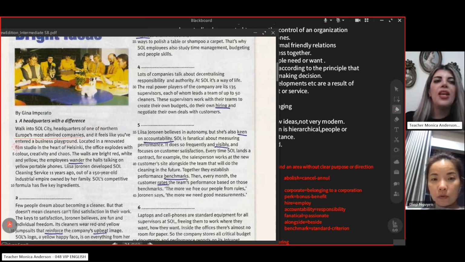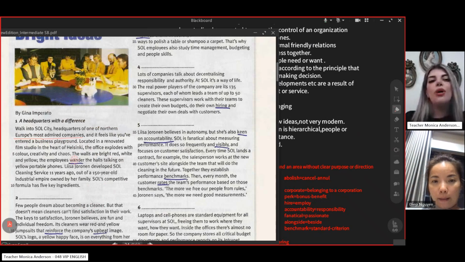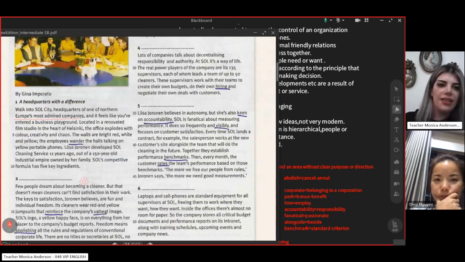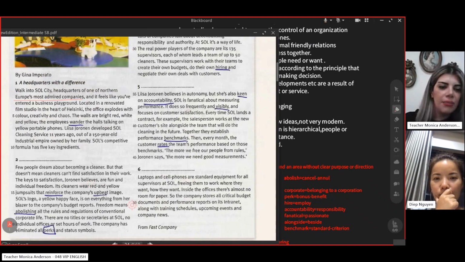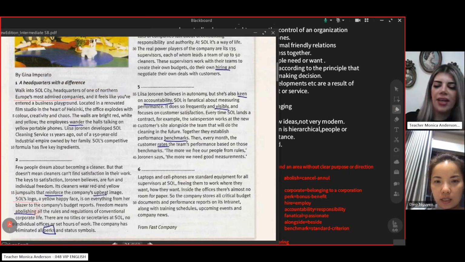What do you think? Europe's most admired companies. Yes, possessive s, of course. And this one, look at the front one, it's logo.